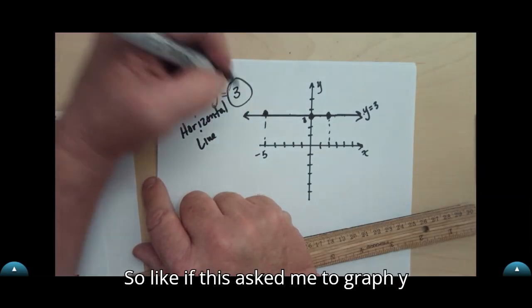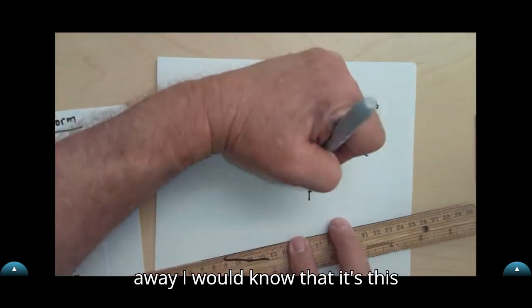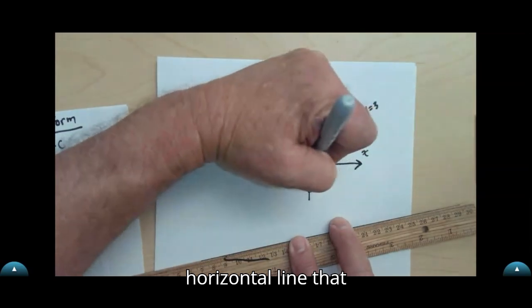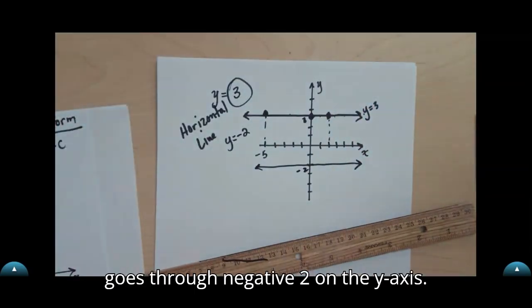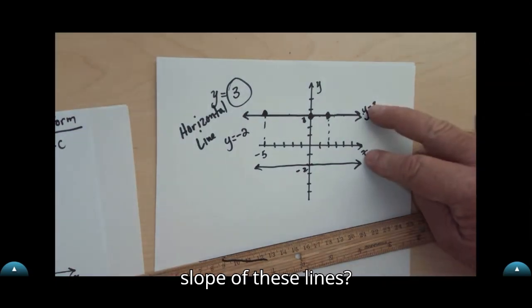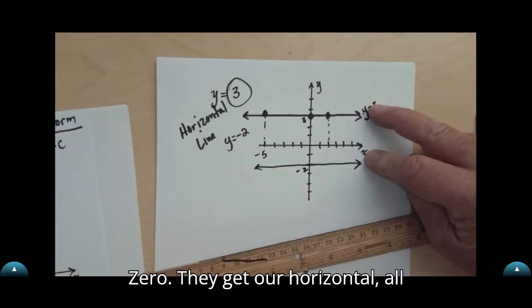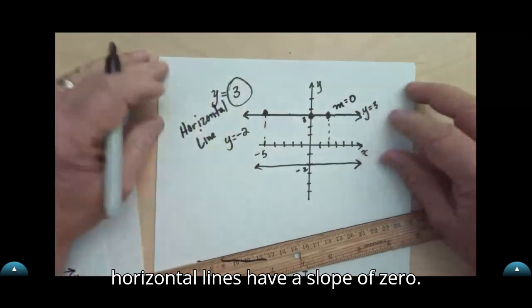So if this asked me to graph y equals -2, right away I would know that it's the horizontal line that goes through -2 on the y-axis. Y'all see that? By the way, what's the slope of these lines? 0. They are horizontal. All horizontal lines have a slope of 0.